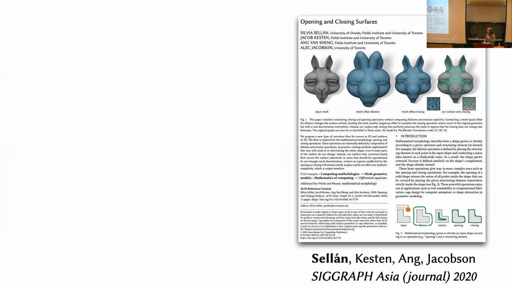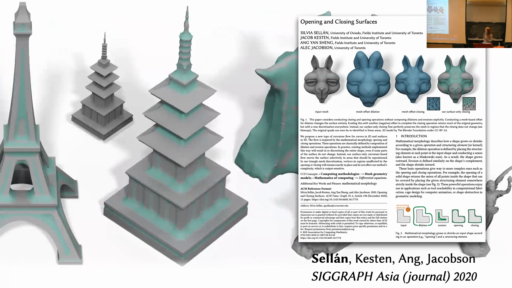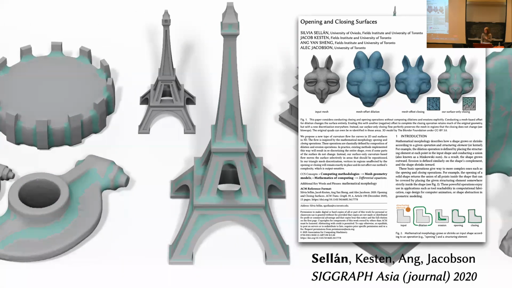But the main application is that since our output is only smoothing the concave regions, then it strictly contains the input, which means that you can use it as a way of simplifying meshes for things like animation. So again, this is another fundamental geometric problem where the input is a geometry, the output is a geometry, and we do a lot of math in the middle to go from input to output.